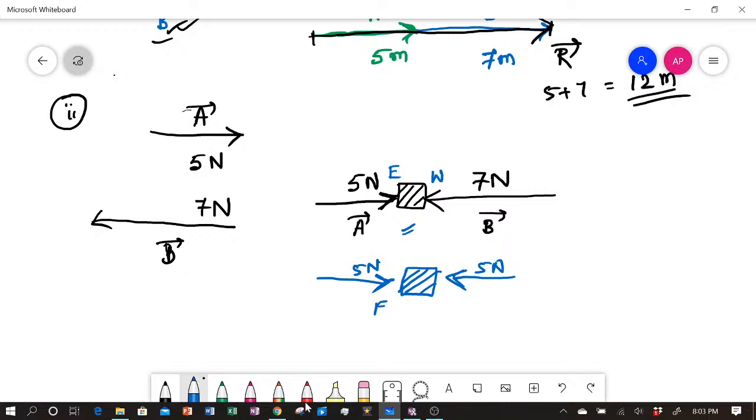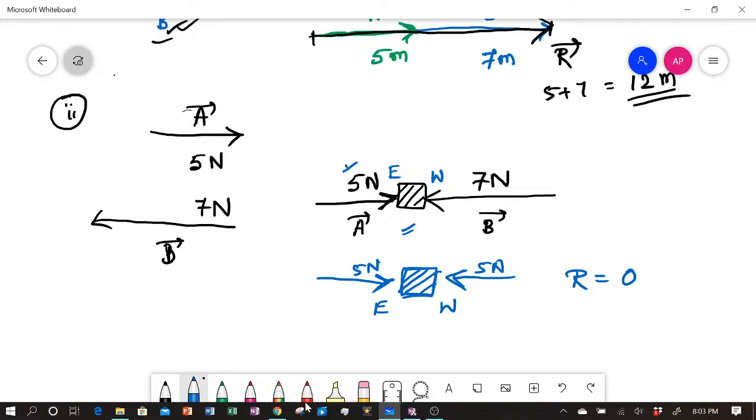This is along east and this is along west. Then this body would not move. That is, the resultant force acting on the body was 0. But in this case, the resultant force will not be 0, right?